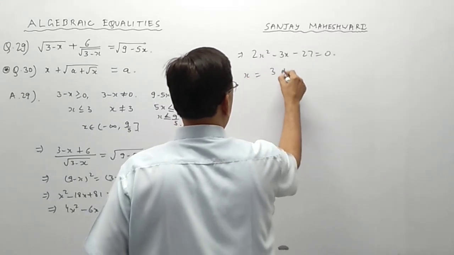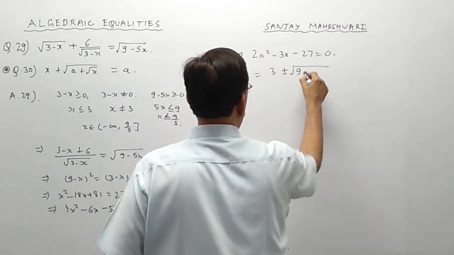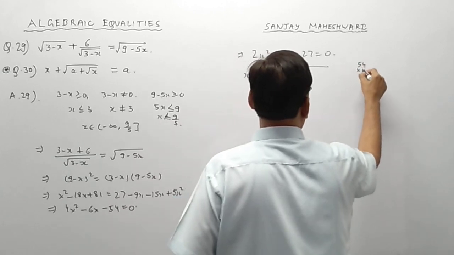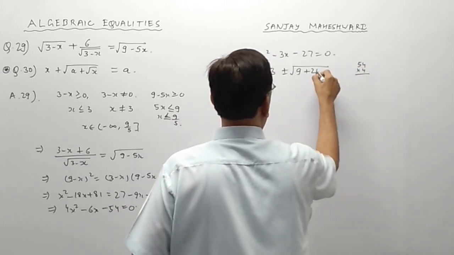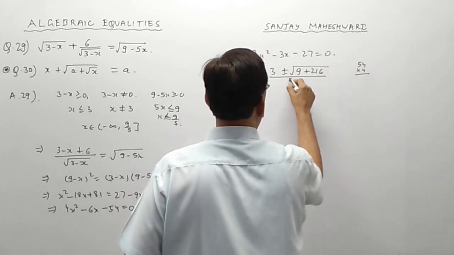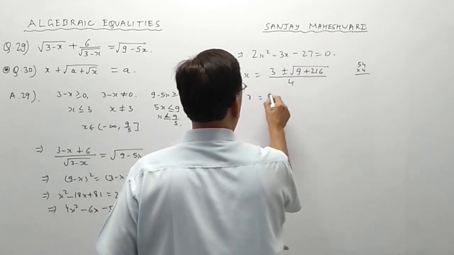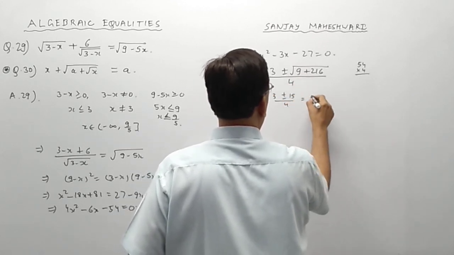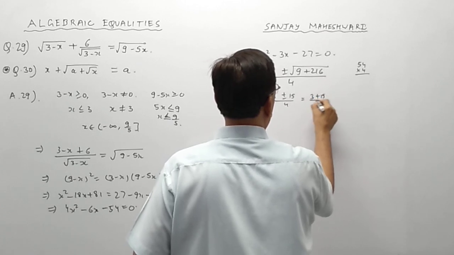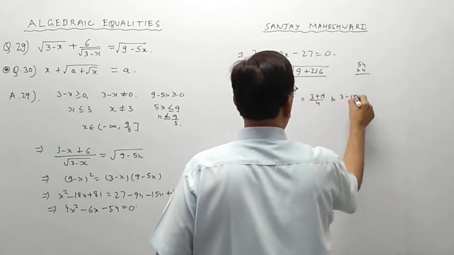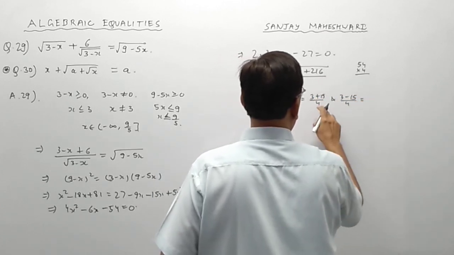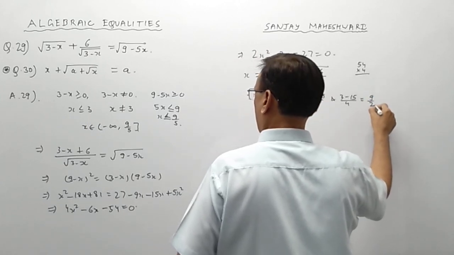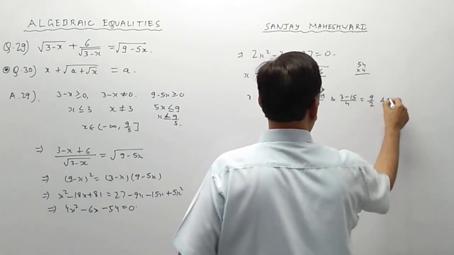Therefore x equal to 3 plus minus 15 by 4, that is 3 plus 15 by 4 and 3 minus 15 by 4. So this is equal to 9 by 2 and minus 3.